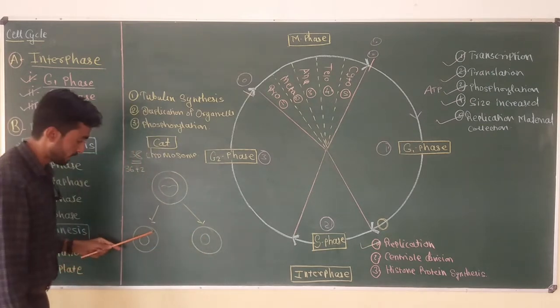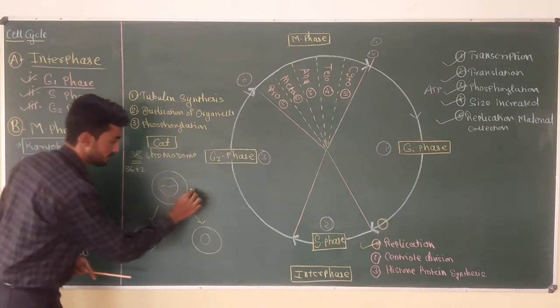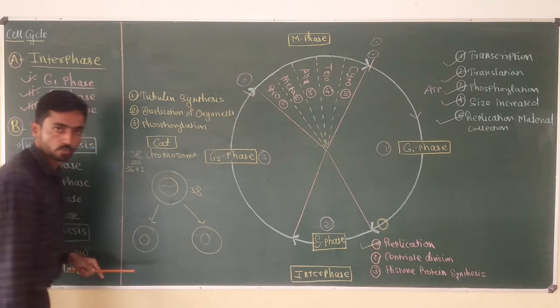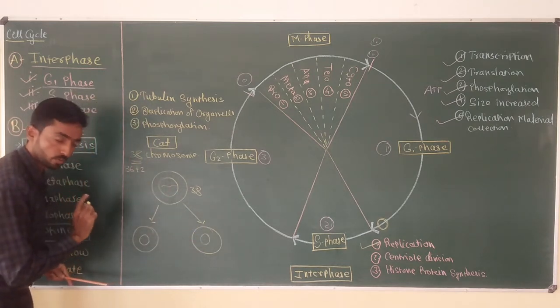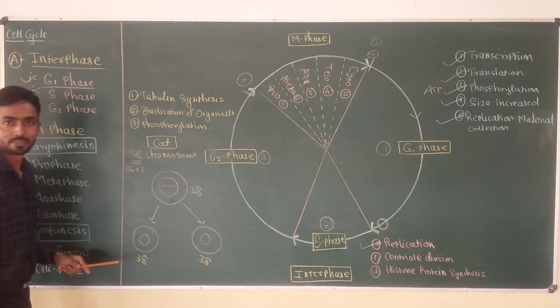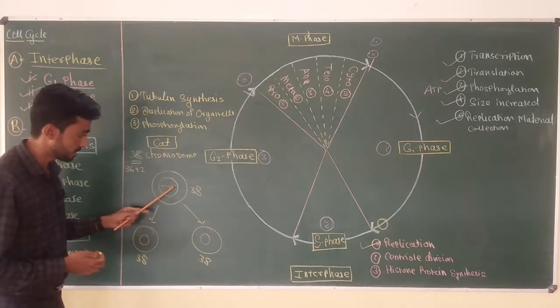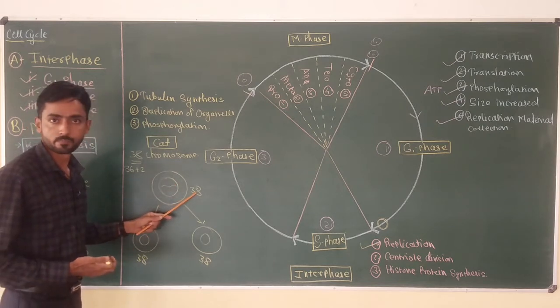Every cell has cytoplasm and nucleus. So suppose this is the parent cell having 38 chromosomes, and now each daughter cell also wants to receive 38 chromosomes. In that case, first this parent cell has to double its genetic content.